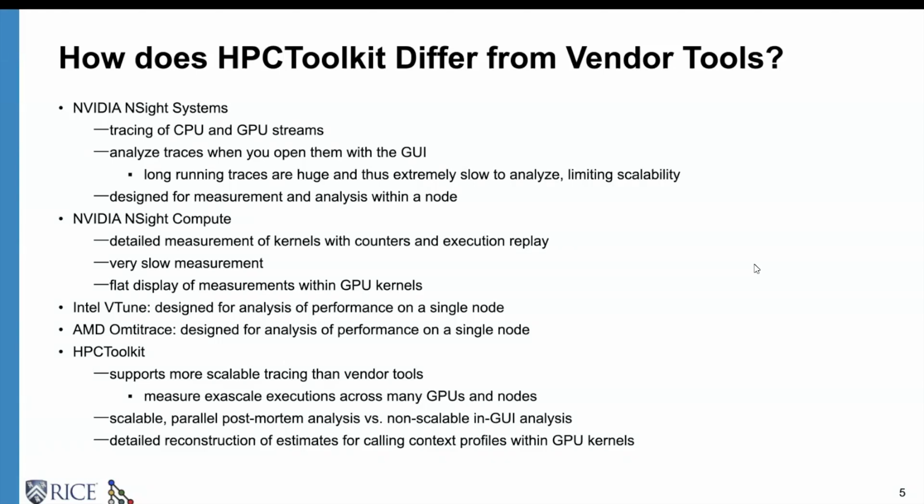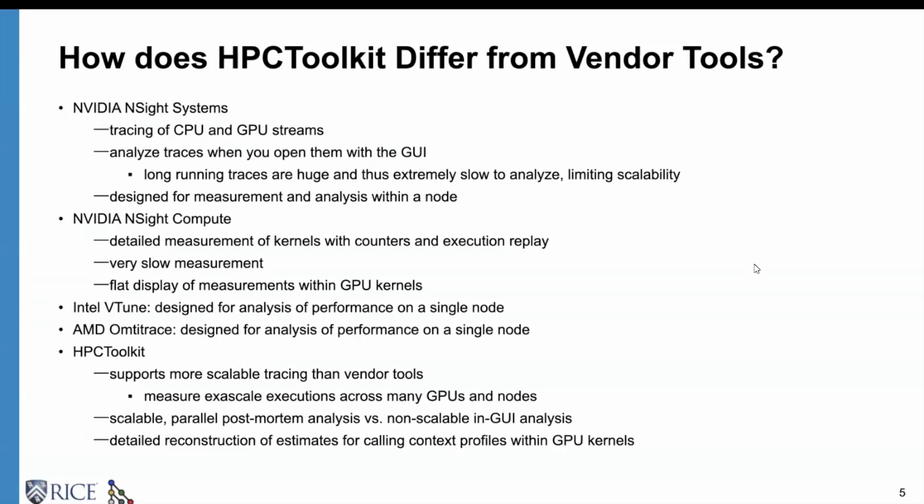With our tools within a kernel, you can see the nested functions, the call chains. You can also see inline code and loop nests. And VTune and Omnitrace from AMD are less capable than NVIDIA's tools, but they're also designed for use on a single node.